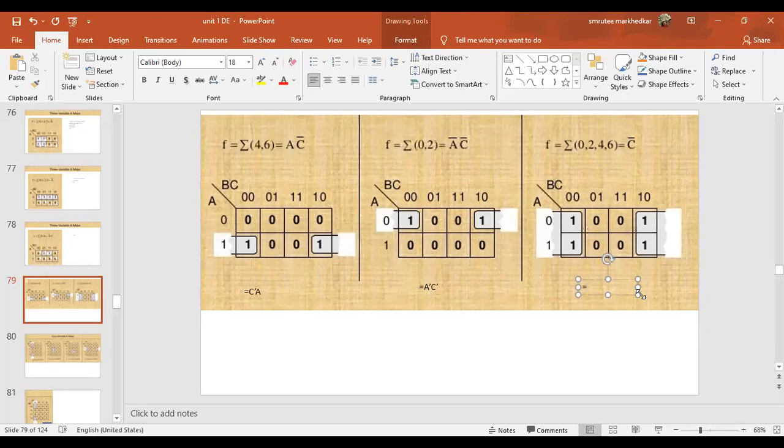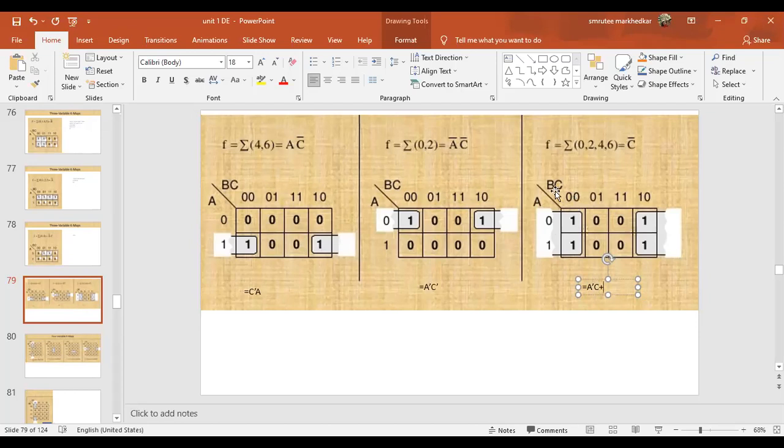Now here, the first thing we will see is the first horizontal line, or you can take the vertical line. Anything is fine for us. If I take the first horizontal line, then I can see A bar is common. And if I look at BC, I will find only C is common, whereas B and B bar are cancelling each other.